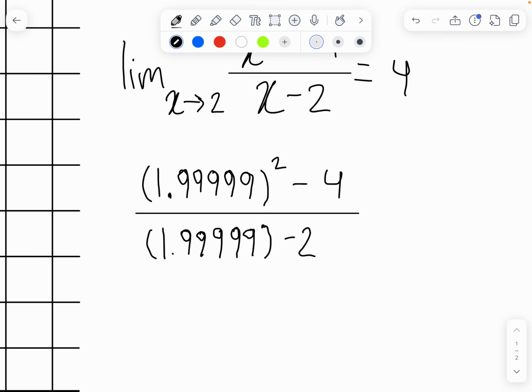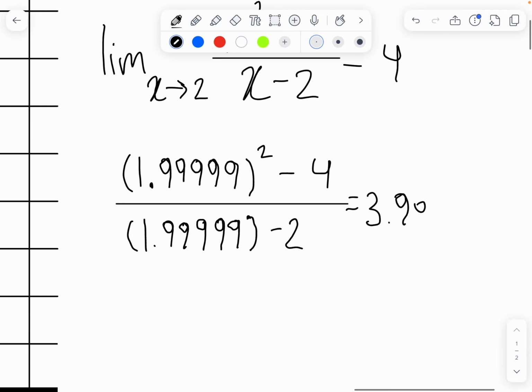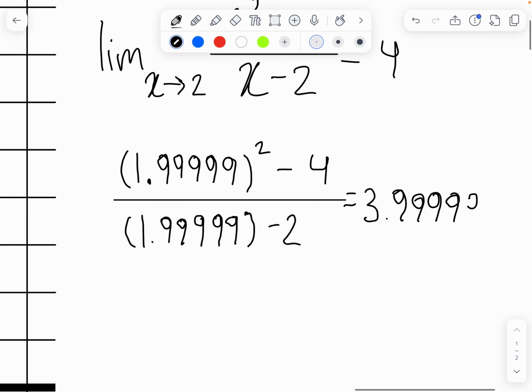So I'm plugging this into my calculator right now. And as you can see, if we plug in the value, it would equal 3.99999. So that gets very, very close to 4.